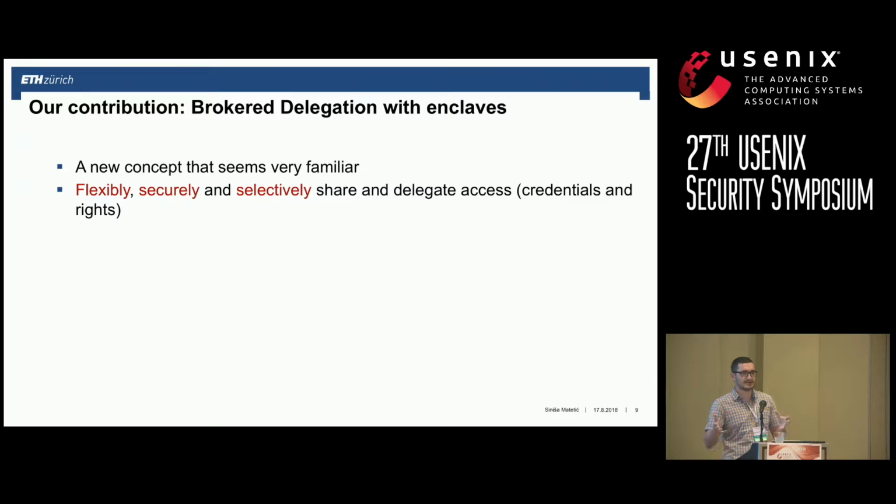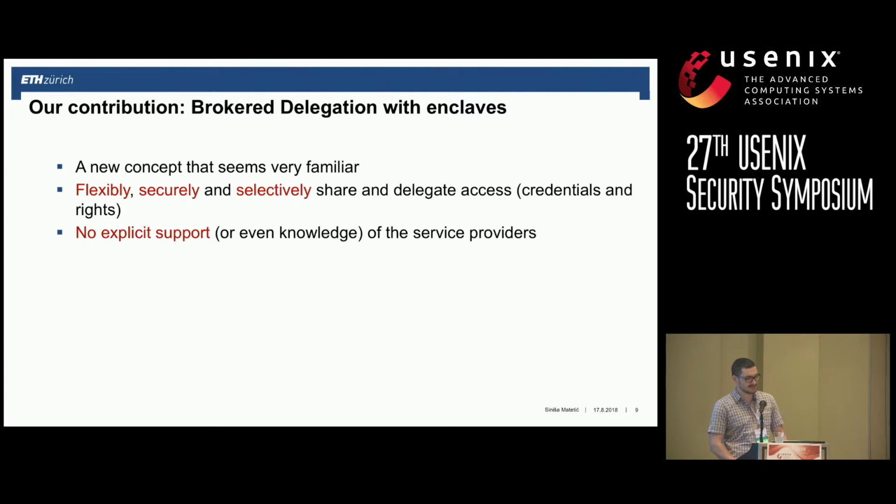So this can be access rights, credentials, anything that you own, you can delegate to a third party or another user. What is really important here, and that also makes one of the main distinctions from all other delegation schemes, is that no explicit support or even knowledge is needed on the service provider side, which you actually use these services to delegate to other people.